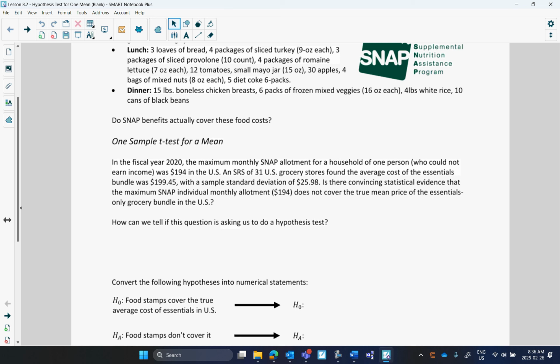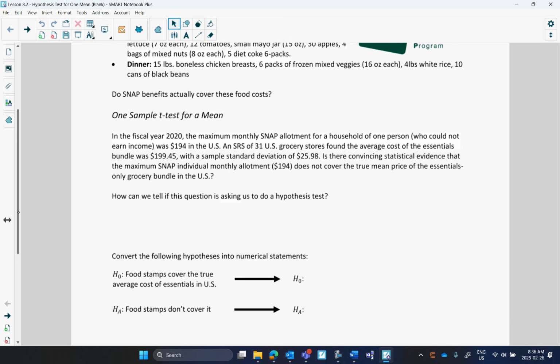So is there convincing statistical evidence that the maximum SNAP individual monthly allotment, $194, doesn't cover the actual mean price, which we got from that sample? Or did we just get a sample that was slightly higher, $5 or $6 higher, by chance alone?